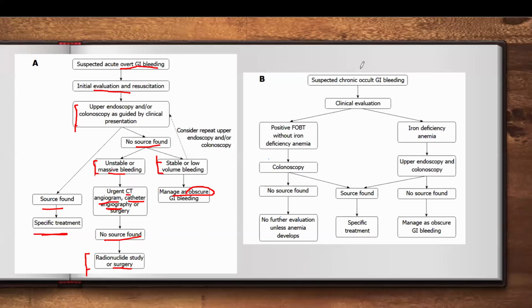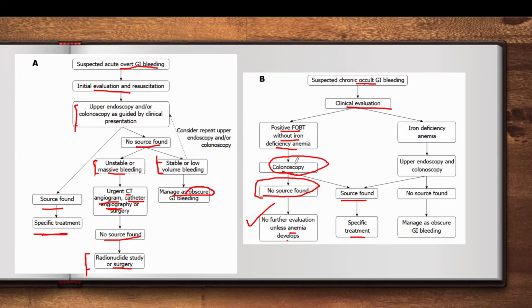Similarly, this flowchart is for occult bleeding. Occult means, like I mentioned, it is a hidden bleed. It is not seen with the naked eye, but FOBT is coming positive. We evaluated and saw that FOBT is positive, but the patient does not have iron deficiency anemia. We will be doing colonoscopy. If a source is found, we are going to treat. If no source is found, no further evaluation unless anemia develops.